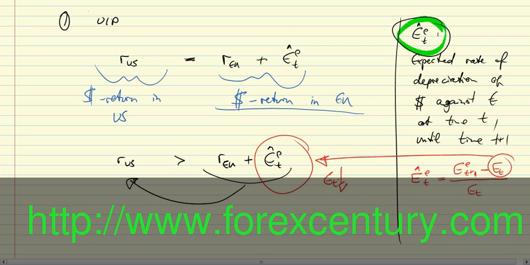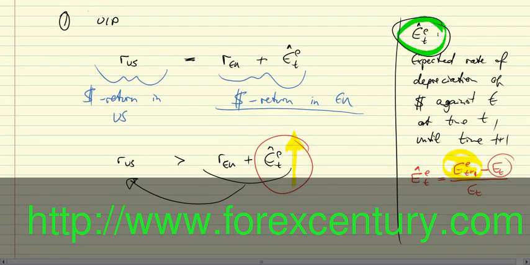So ET today falls as the funds are flowing into dollars and people are investing in the asset that pays the higher rate of return, and as that exchange rate today falls, the expected depreciation rises, since our expectation has not changed.